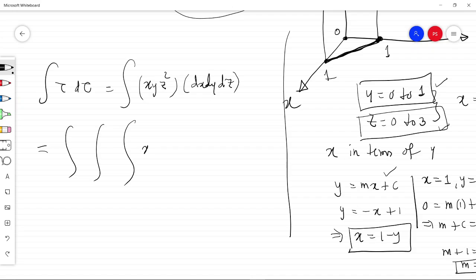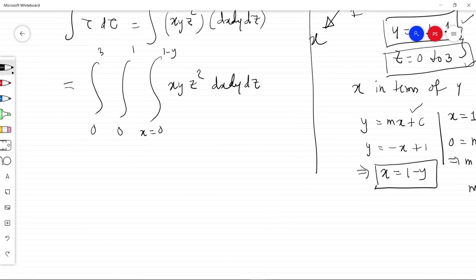So let us just write it as xyz squared dx dy dz, where x runs from 0 to 1 minus y, y runs from 0 to 1, and z runs from 0 to 3. Now we see that z is completely independent, so let us just integrate it separately from 0 to 3, z squared dz.